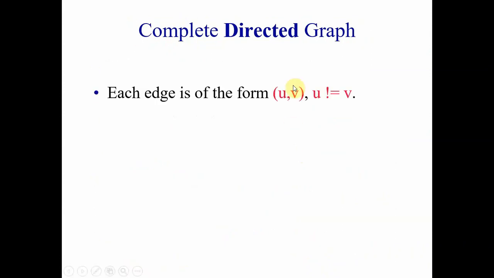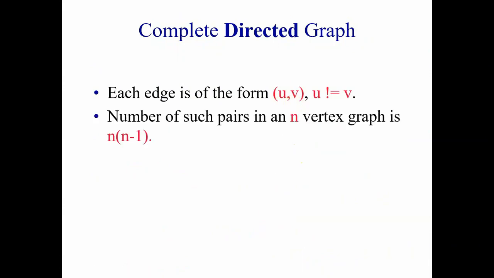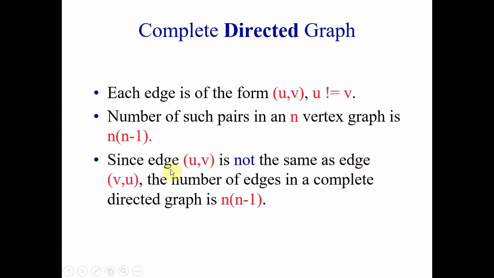How about a directed graph? The concept is quite similar. We have u and v for every edge, for u not equal to v, and the total number of such pairs for n vertices is n times n minus 1. The key difference is that for a directed graph, the edge uv is not the same as the edge vu.